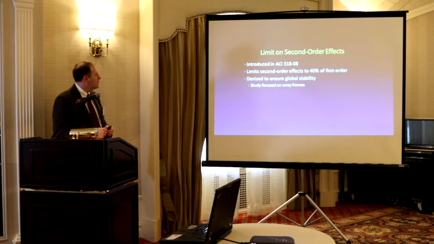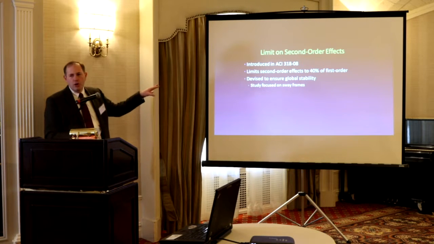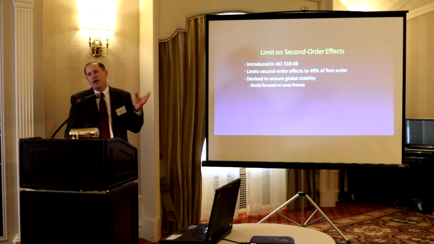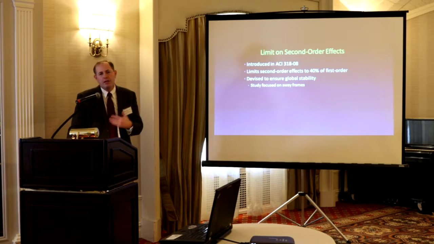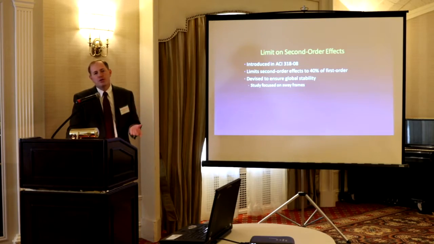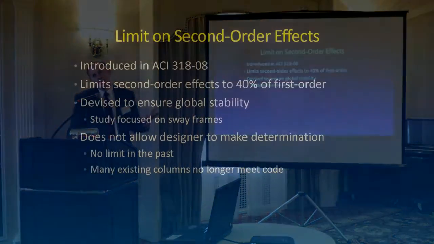That was based upon this task group too. Really, the goal of that was to devise for global stability. It kind of ties back to the IBC, that there's an equation in there about lateral stability. We were getting rid of stability checks, so putting this in indirectly did a stability check on the lateral. The problem is it's also implemented for the non-sway. And so, do you need it?